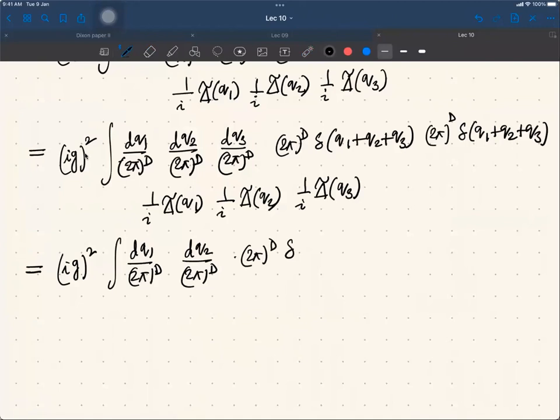If you impose the q3 integral, then q3 will be set to minus q1 minus q2. When you put that value here, it will be 0. So this is delta 0.